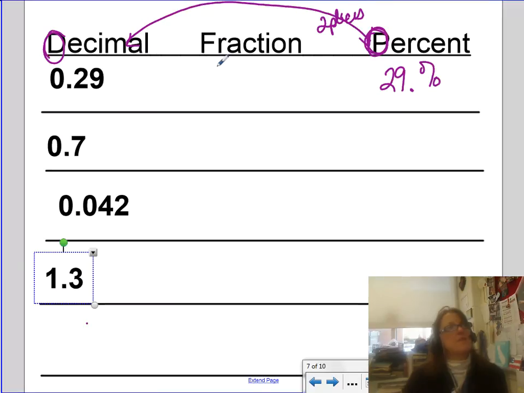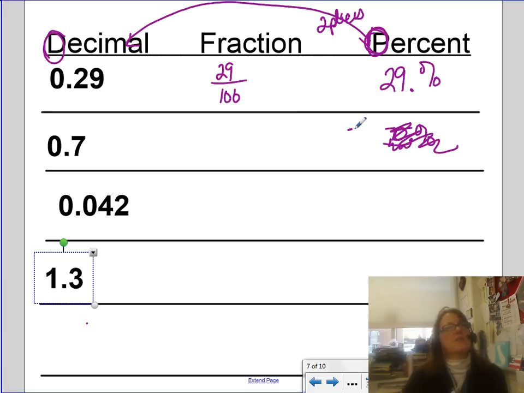What is this as a fraction? 29 hundredths. Make sure it's in simplest form. Look at this one, 0.7. That means 2 spots to the right. 0.7, 1, 2.